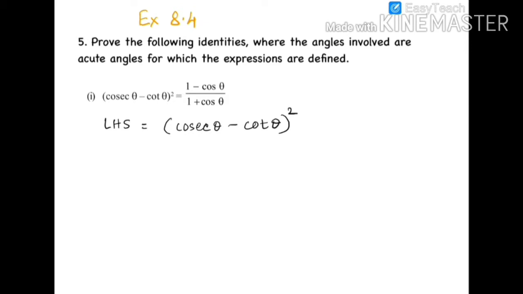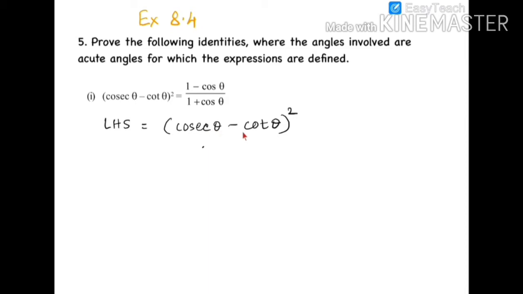In order to understand how we can develop the steps, we must look at the right hand side. The expression on the right hand side has cos theta, and on the left hand side we have cosec theta and cot theta. So the first thing that should come to your mind is to write cosec theta and cot theta in terms of sine and cos.